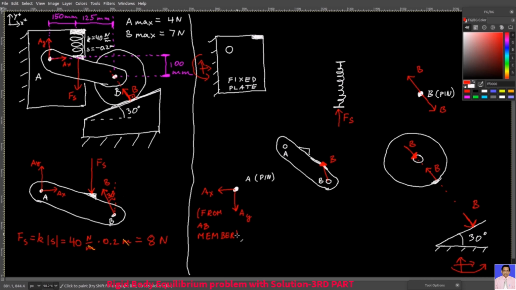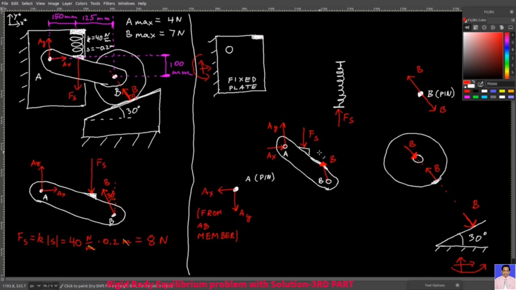So this is from AB member. Again, both the spring and pin A, they return the favor. Pin A applies the opposite AX and AY forces to member AB at point A, and then the spring applies Fs to the AB member.